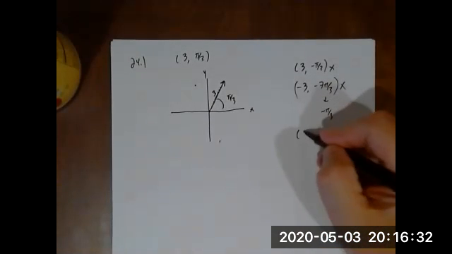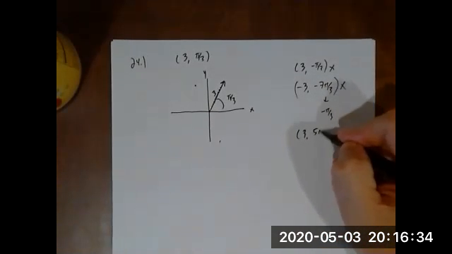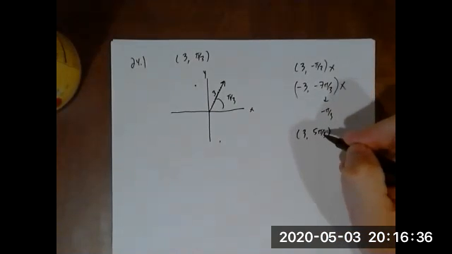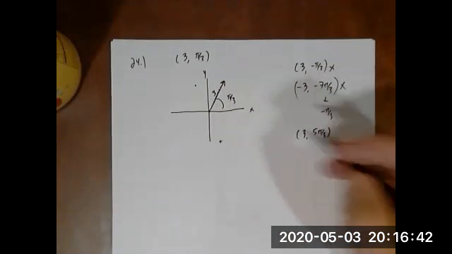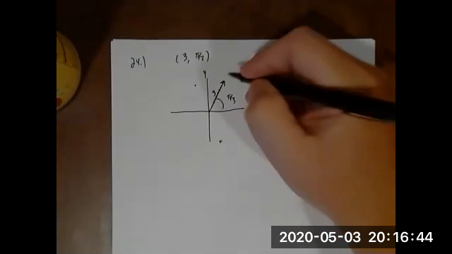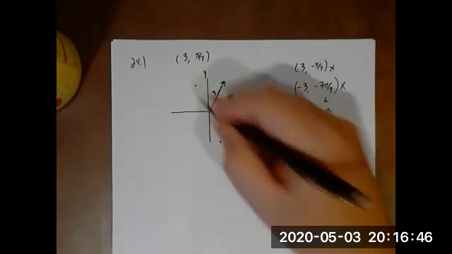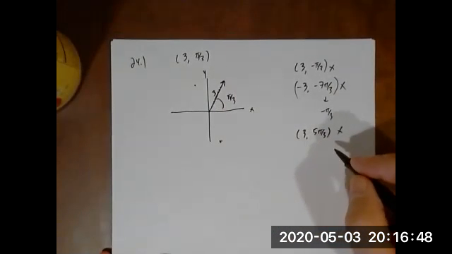How about (3, 5 pi over 3)? Well, 5 pi over 3 is right here, and then distance 3, we're back here. This is the point I'm looking at. So far, none of these have been the same.